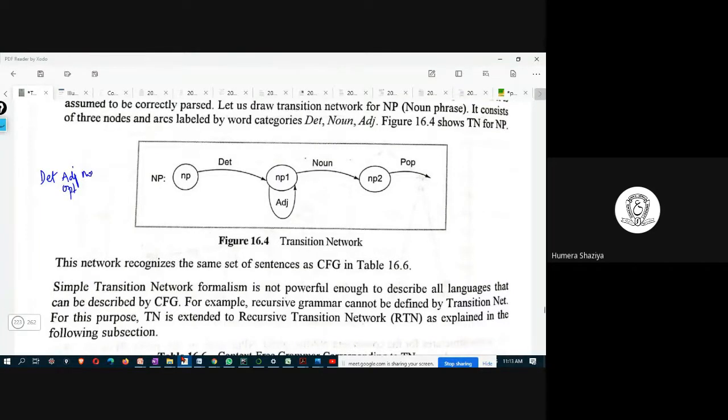Noun: determiner, optional adjective, noun. And from here it pops. Pops means it comes out, meaning parsing is done and the sentence is recognized and parsed. All right. This is the simple transition network.